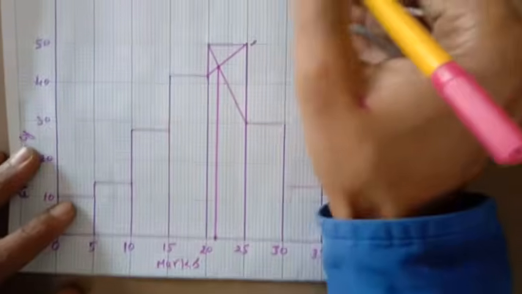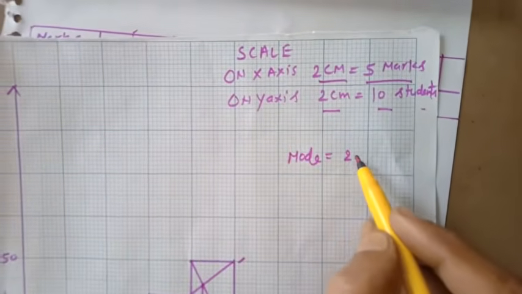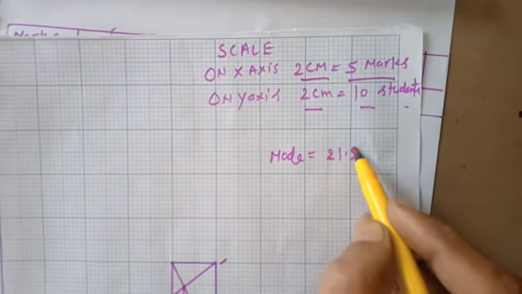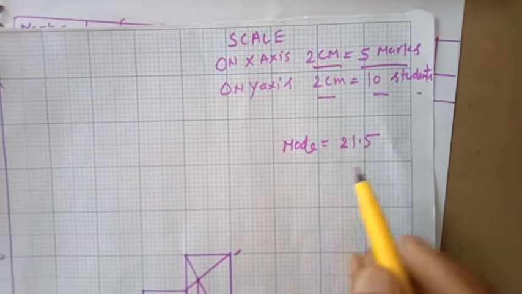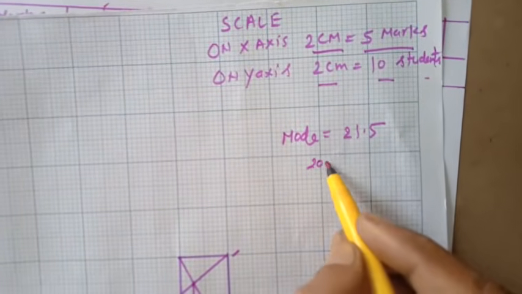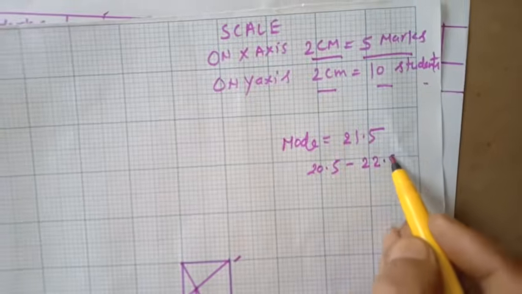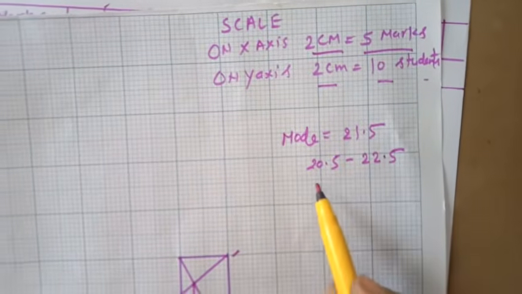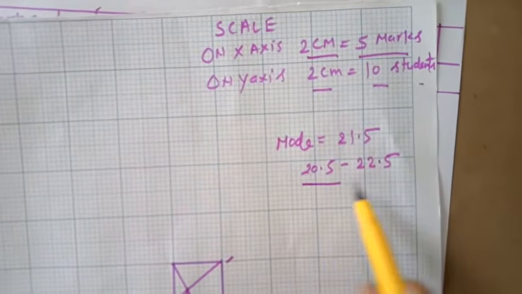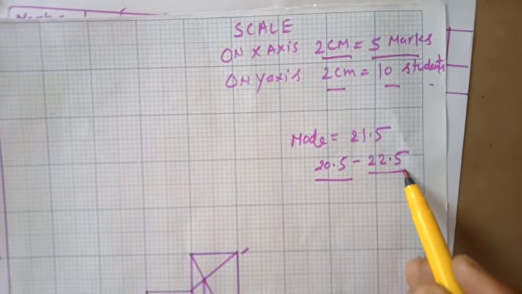So the mode will be 21.5. It may vary from 20.5 to 22.5. This will be given, the variation will be considered by the teacher or examiner in the exams.